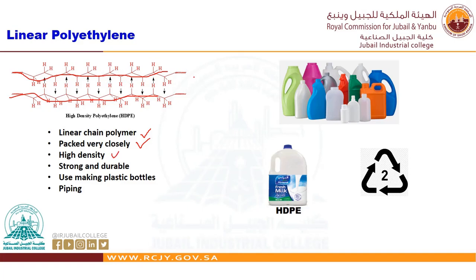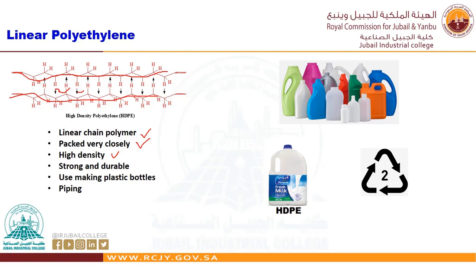Because the chains can be closely packed, and therefore they occupy a smaller volume. You remember we say density is mass over volume. So when the volume is high, the density will be low. If the volume is low, then the density will be high. In this case, because the chains can be packed together, they have low volume, and low volume means high density. That is why they are called high density polyethylene. And of course, this arrow here indicates dispersion forces because they can move close to each other.